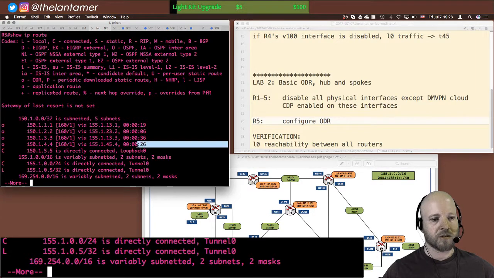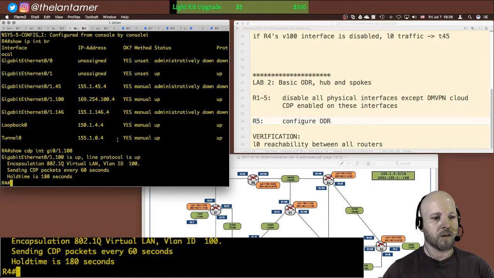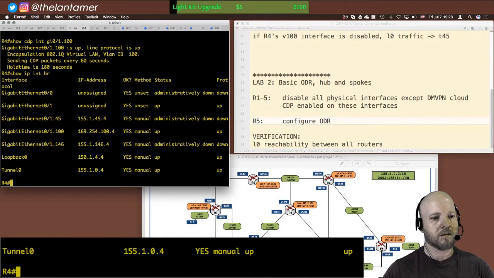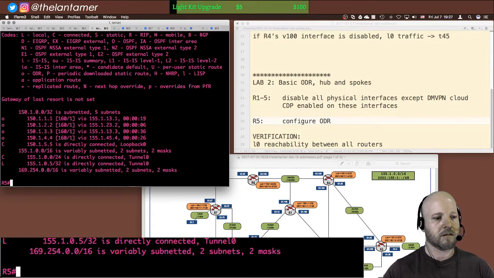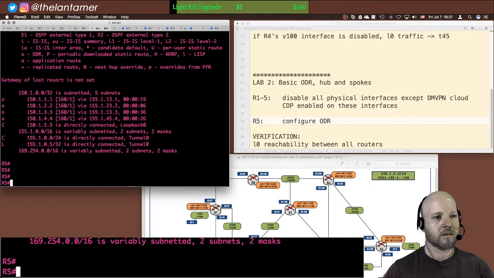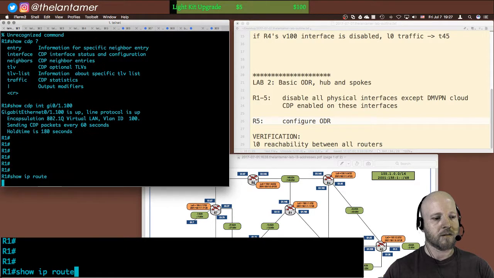Uh-oh, this is not correct. What's going on with router 4? Okay, I don't like how that looks, but there may have been a delay there. 10.155.1. No, that's right, I think. No, that's not right. Show IP route.